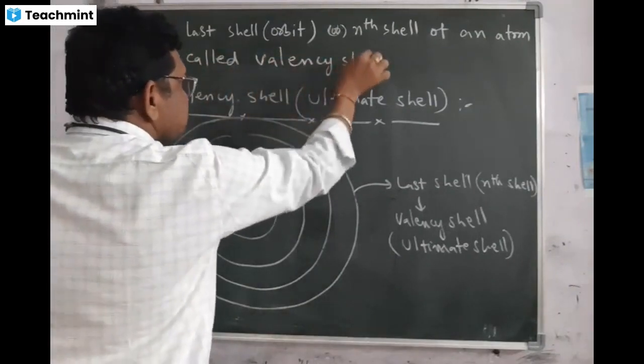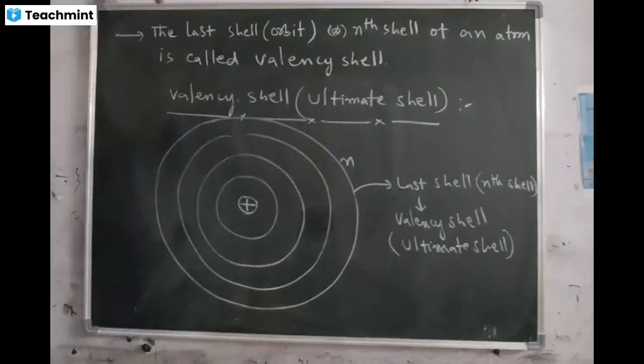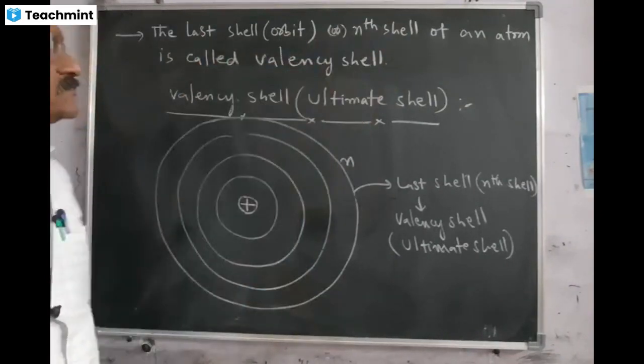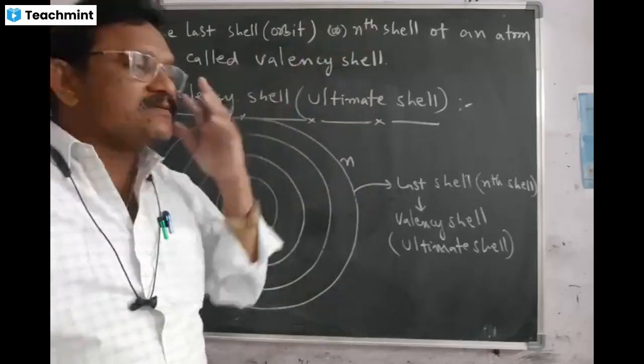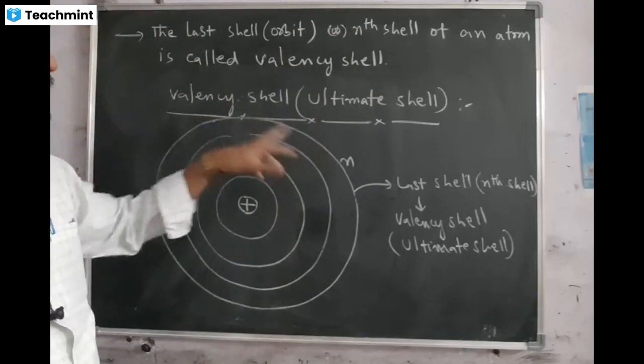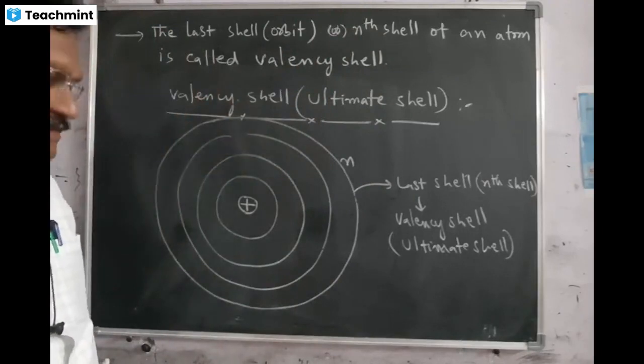The last cell is represented with the letter small n. Of an atom, it is called valence cell.